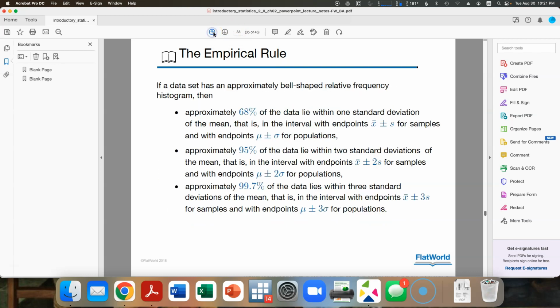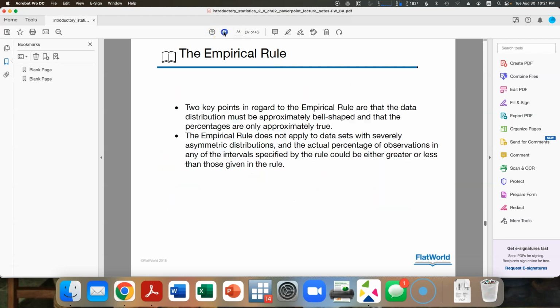that brings us to talking a little bit further about the empirical rule and leading to the Chebyshev theorem.